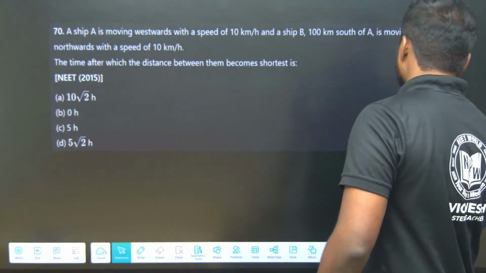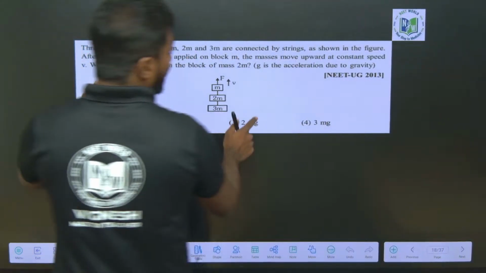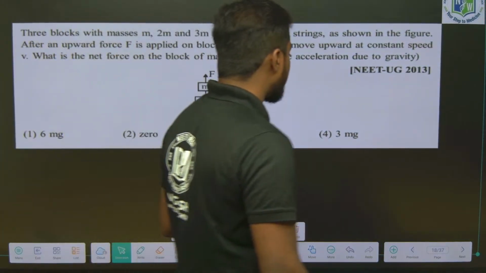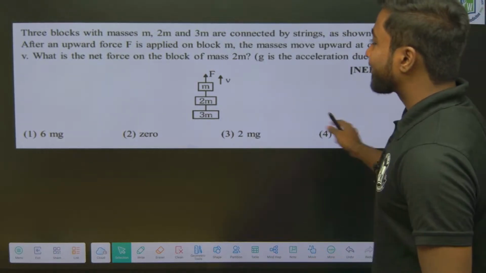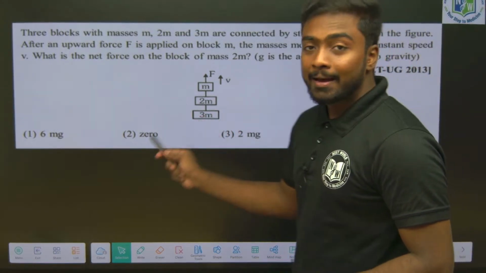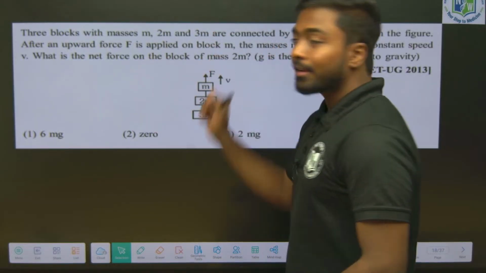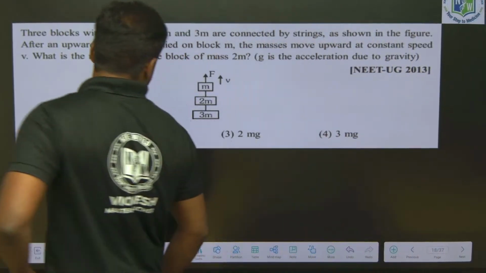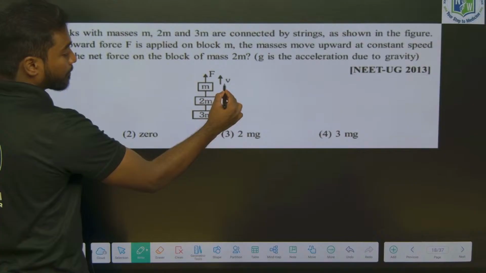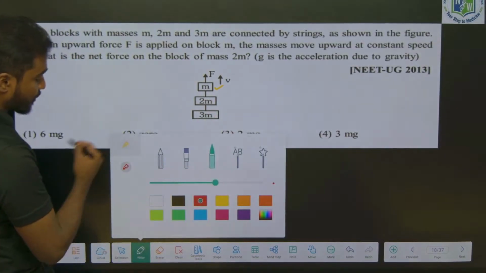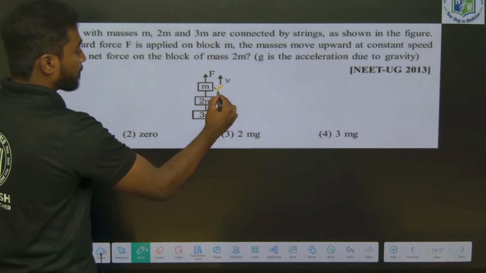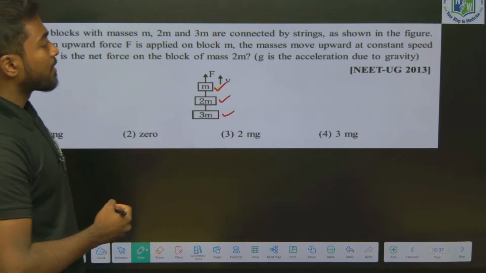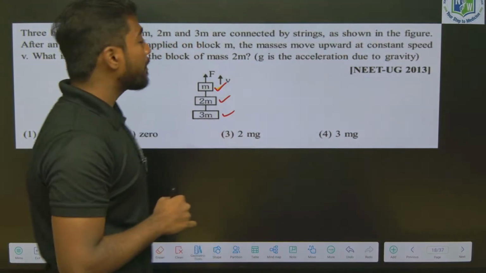Now the next question. Kinematics has been completed, and we will see some questions in laws of motion now. The first question of today's class: 3 blocks with masses m, 2m and 3m are connected by strings, as shown in the given figure.